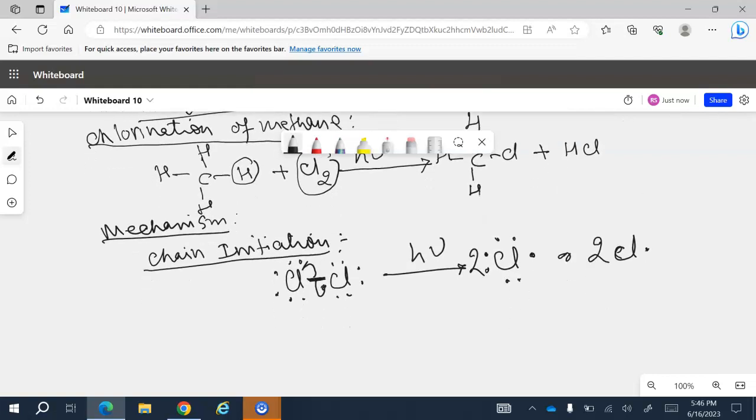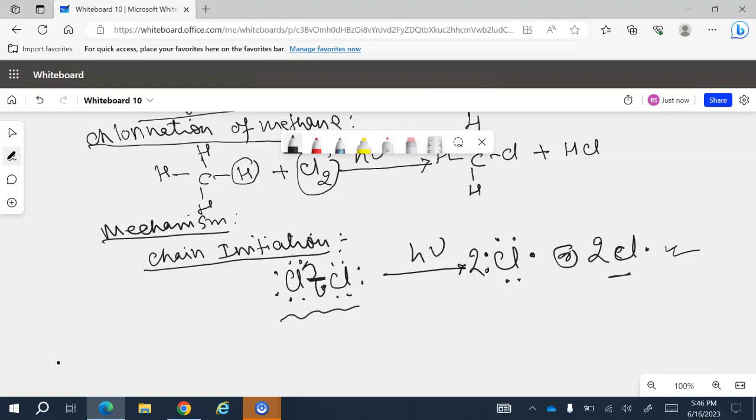Now, whenever there is an initiation step, how can we identify it? From non-radical species, the radical is generated. In the reactant we do not have a radical, but by homolytic cleavage we generate the radical. That is the chain initiation step. So if you need to identify which of the following is the chain initiation step, you do not have the radical in the reactant, but you generate the radical in the product.